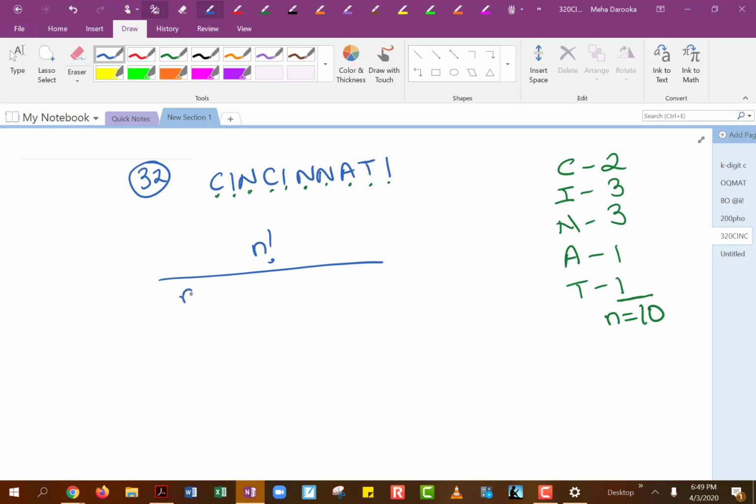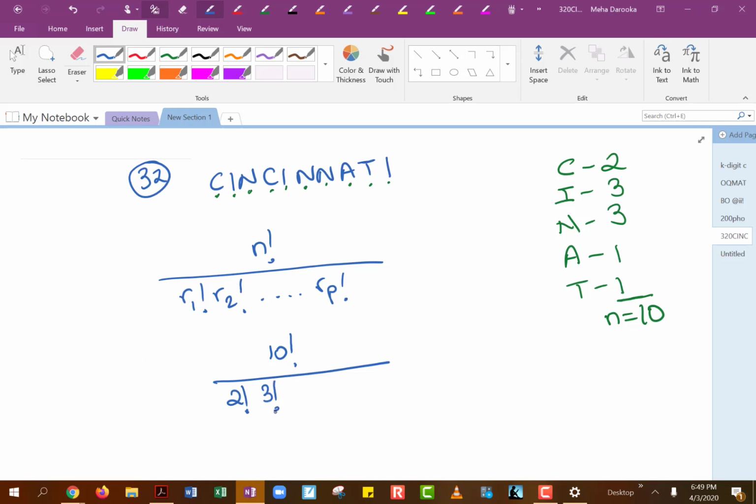So translating that into our example, we have a total of 10 letters, so that's 10 factorial. There are 2 C's, so that's 2 factorial, 3 I's, 3 N's, 1 A, and 1 T, right?